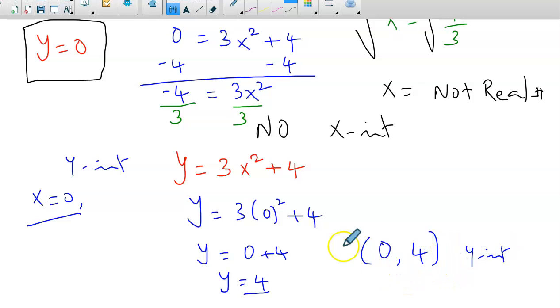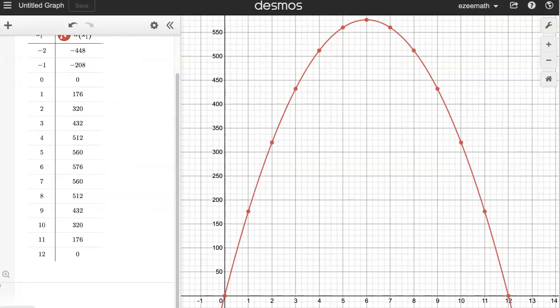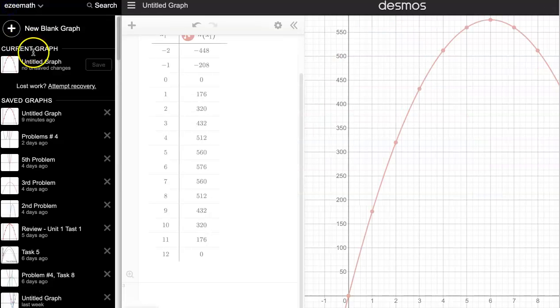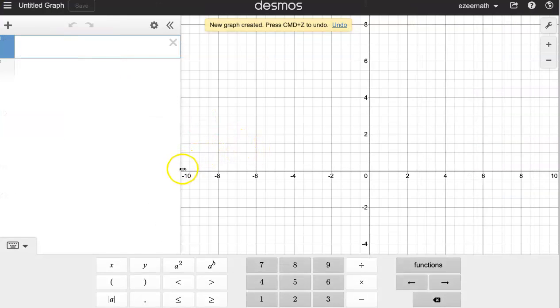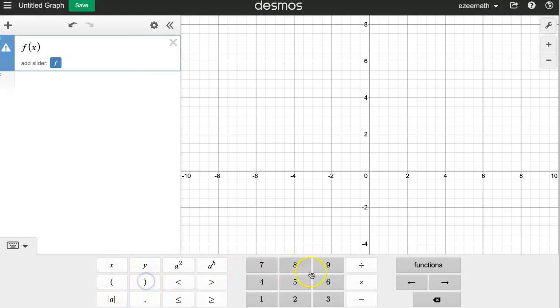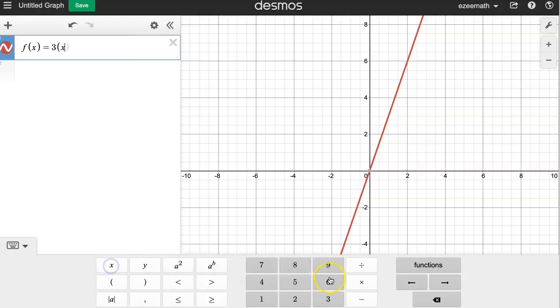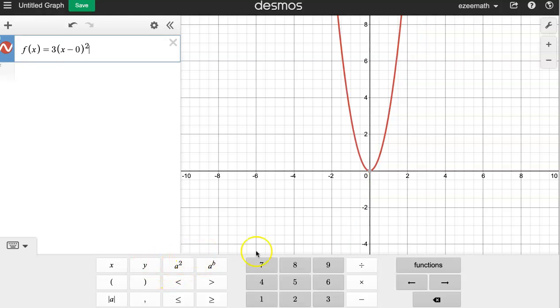Instead of all this, what you can do to find the x and y intercepts is go and get a new blank graph here. What was the function you had there? f of x is equal to 3 times (x minus 0) whole squared plus 4.